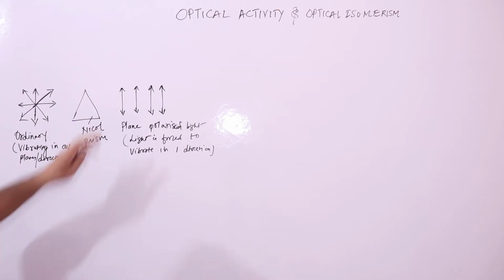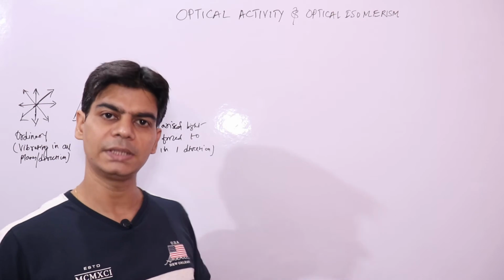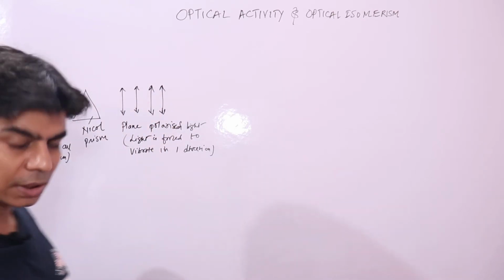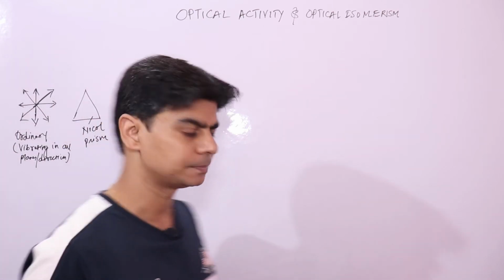Since we are talking about isomerism, let's see the behavior of this light on certain organic compounds that show optical isomerism.